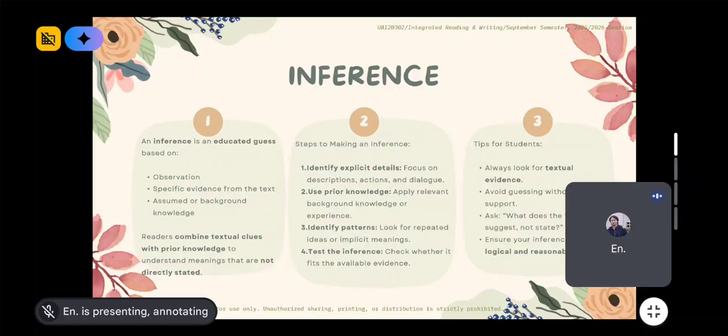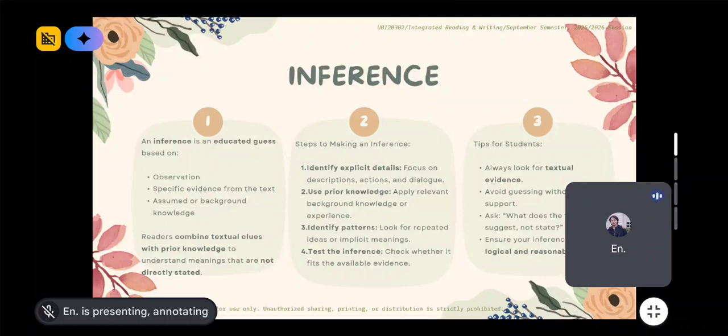Look for repeated ideas or implicit meanings, because sometimes writers will write something repeatedly to get the message across. And finally, test the inference. Check whether it fits the available evidence. Make sure that your inference is correct. Do not just make an educated guess and then just accept it.